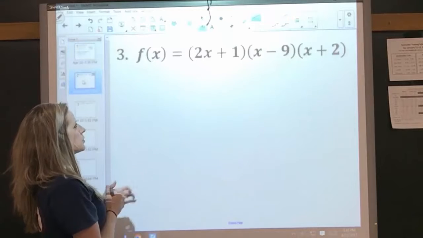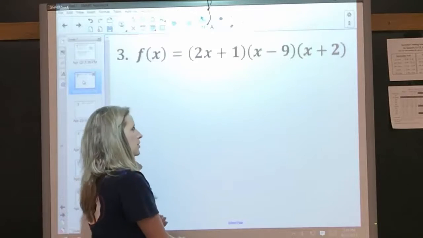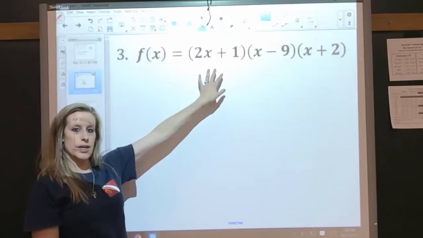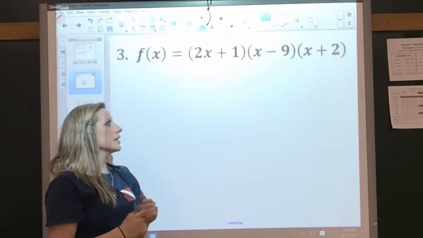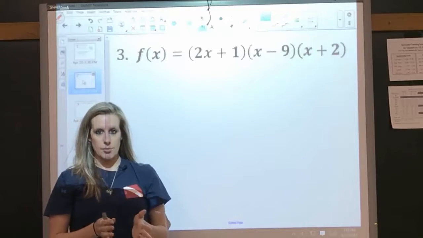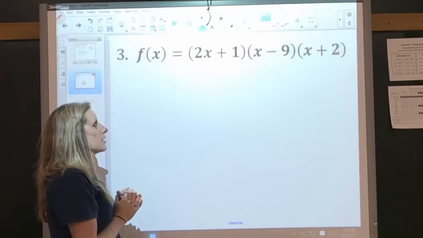All right, let's move on to number 3. And we've talked about this last week. Whenever you have a number in front of x, it makes it a little bit more complicated. You can't just take the opposite because you have a number in front. It makes it kind of weird.